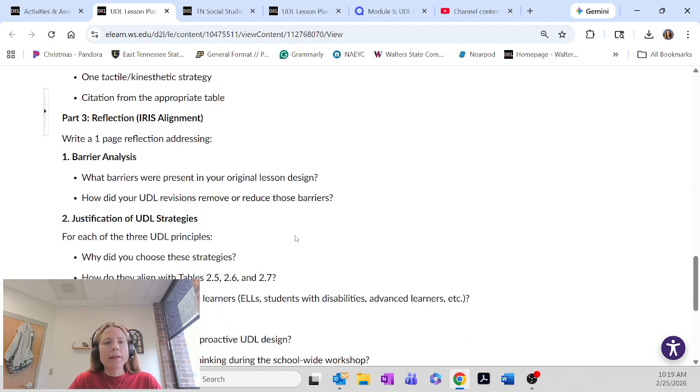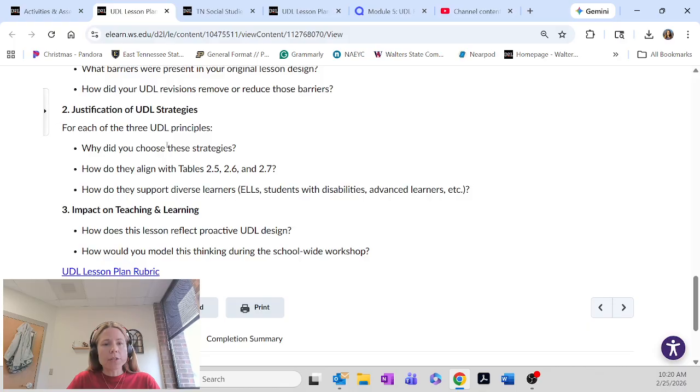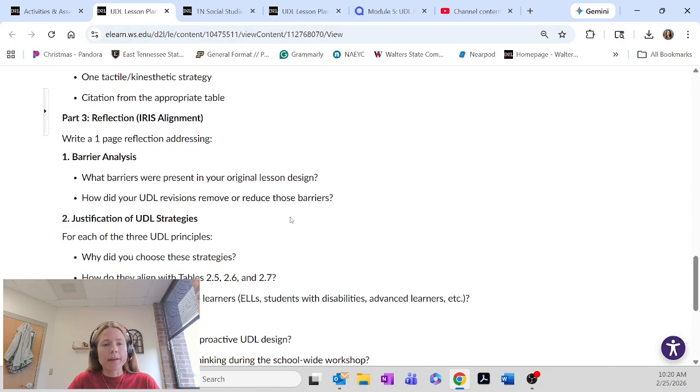Now, after you finish your lesson plan, you're going to write a 1-page reflection addressing these questions, right? What barriers were present in your original lesson design and how did your UDL revision remove those barriers? You also need to justify why you chose the strategies that you did, right?